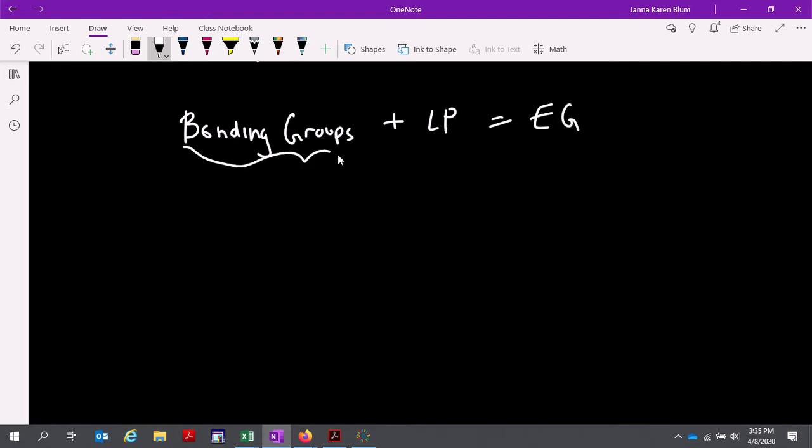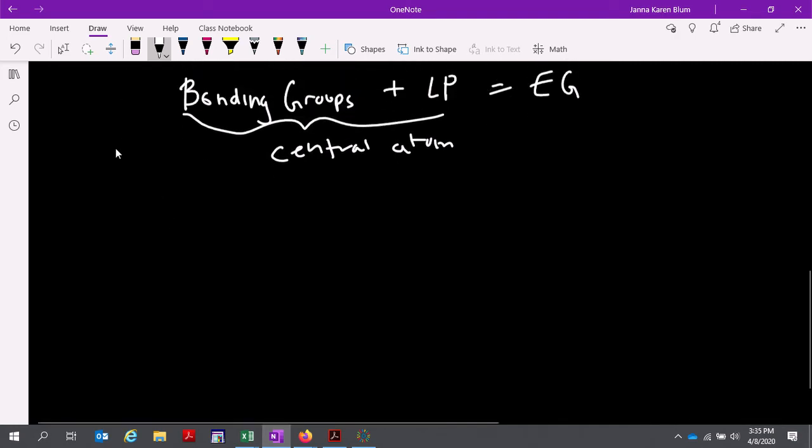Again, this is referring to everything on the central atom. So let's do a few examples of that. Let's do a couple of examples.